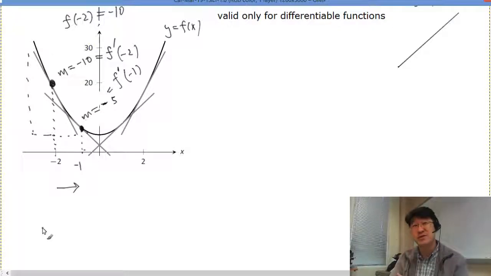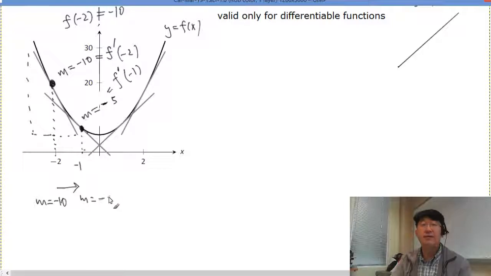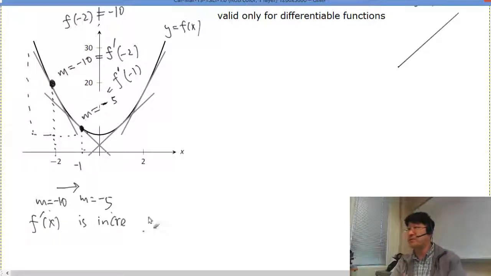Increasing, right? M was -10 here, and here m is -5. The best way to not confuse yourself is to write this down, not just stare at it, because it will confuse you in the next moment. Write it down: -10, left to right, and -5 is increasing, right? So what is increasing? That's right. F prime of x is increasing from left to right, right?